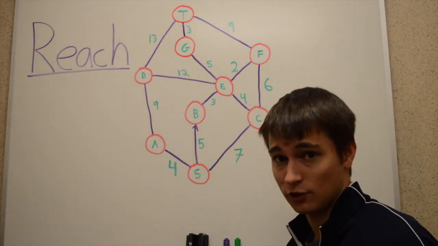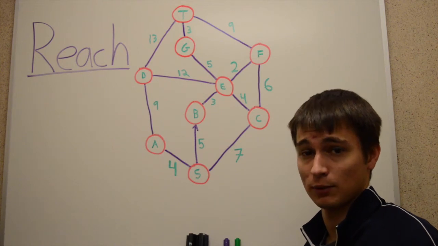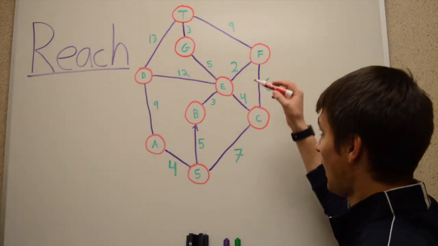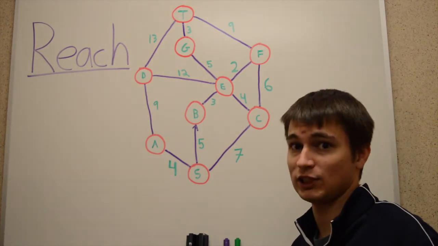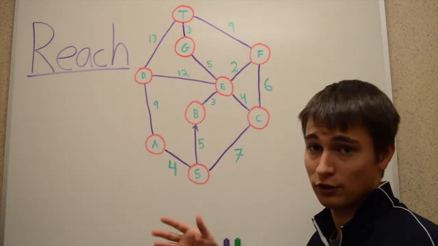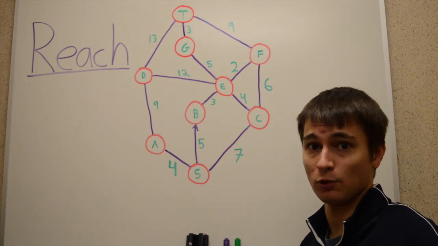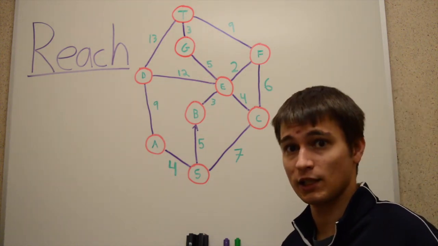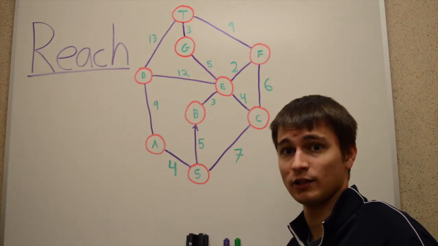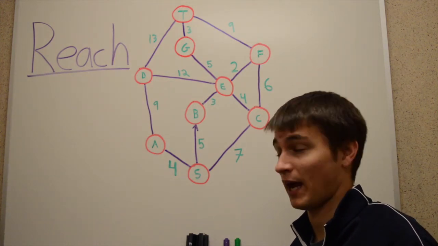So I'm going to give you a quick example of how reach could be computed on this graph. I'm going to compute the reach of the node E. Now, in implementation, you would compute the reach of all these nodes so that you could figure out which ones to prune. Now, the way reach works is you'll take the shorter side of the distance of a shortest path.